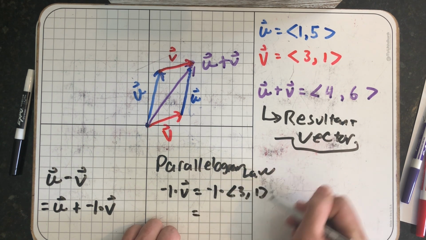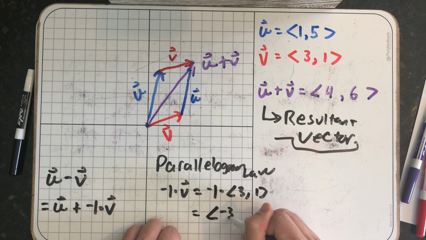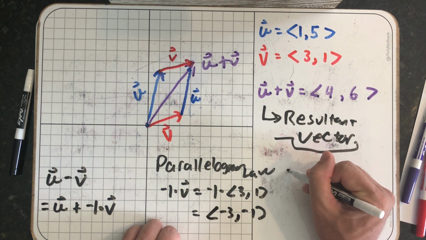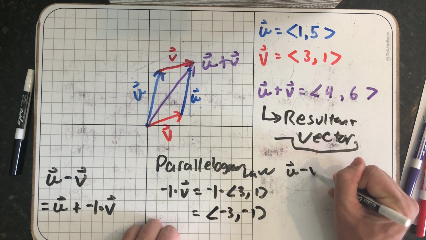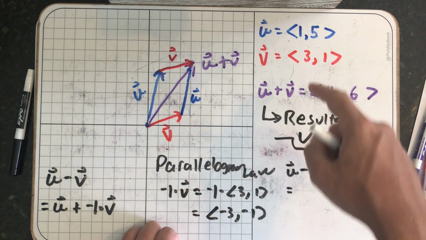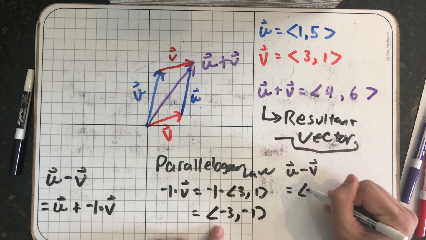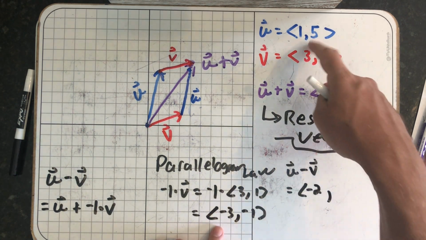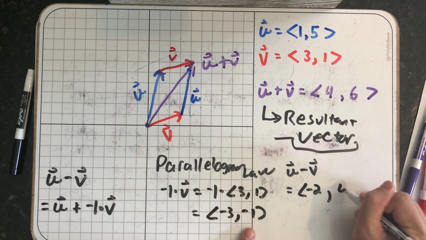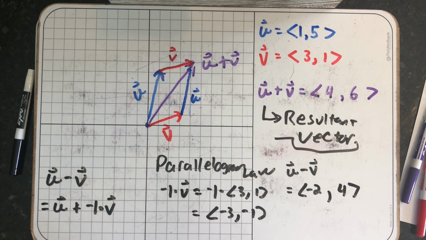Imagine distributing that minus 1 through, and I would get minus 3 comma minus 1. So the vector u minus v would be 1 plus minus 3, which is minus 2, comma 5 plus minus 1. So let's sketch that vector in.